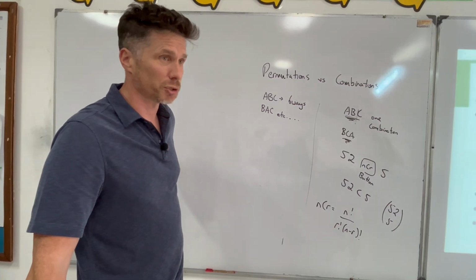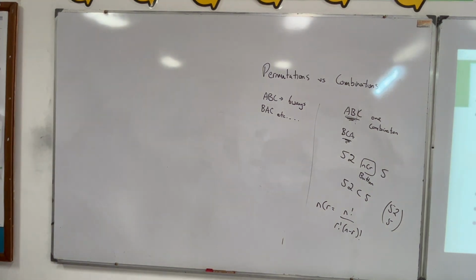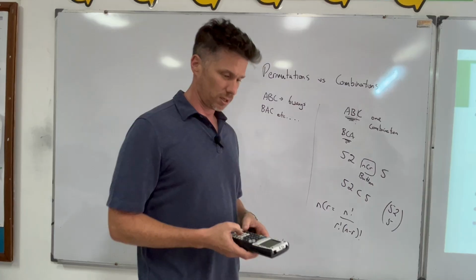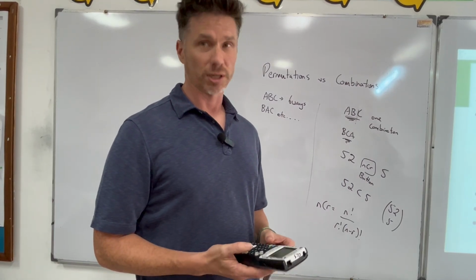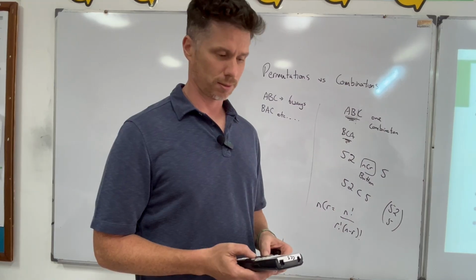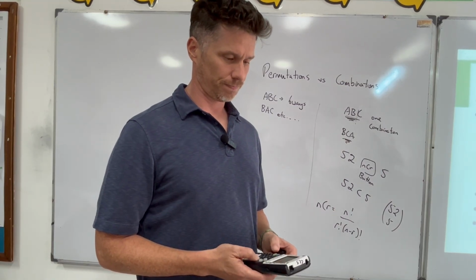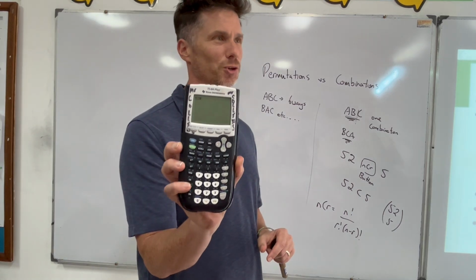Now, on your calculator, I'll show you where it is as well. If you get your calculator out and you want to do that card question, 52 cards, and you want to choose 5, press 52 on your calculator first. I'll show it to the camera.